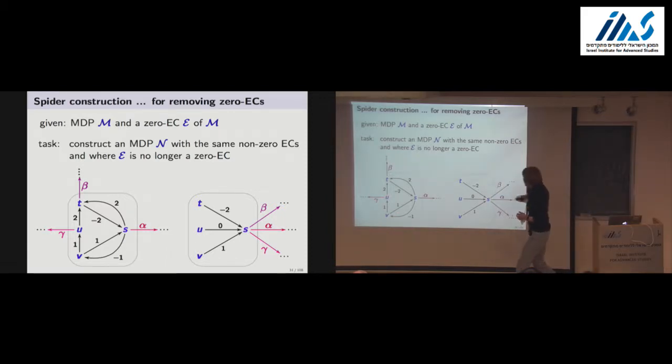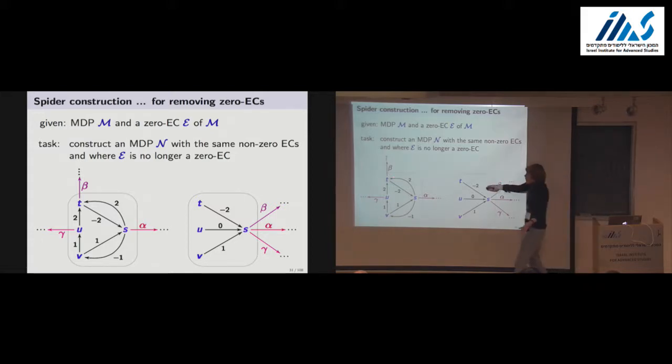State U has a gamma transition, and this is now this gamma transition here. For the beta, the weight of S beta is now the weight of going from state S to T, namely 2, plus the weight for the state-action pair T beta. So whatever you can do inside this zero EC, you can mimic it here.